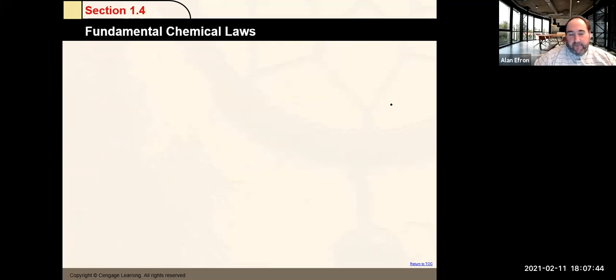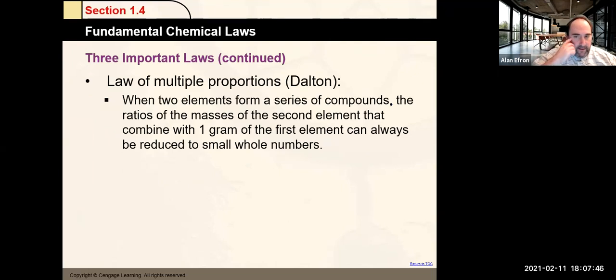The third important law is the one that was done by Dalton. That's the law of multiple proportions. Basically, what he said was, for the most part, when elements come together to form compounds, they do so in ratios where the second element will always combine with 1 gram of the first element.